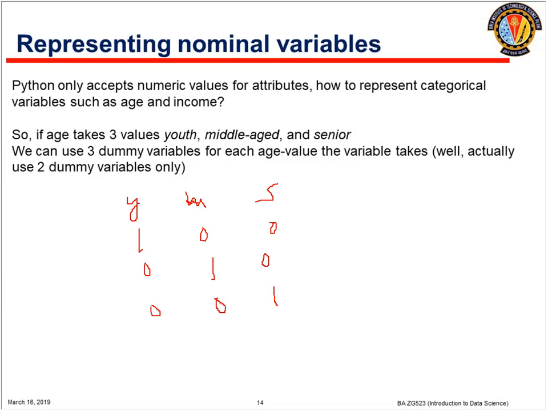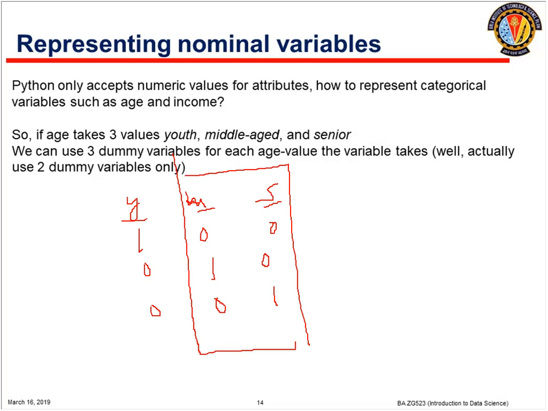Now in this case, there is a collinearity problem because if you know the values of any two of the variables, let's say you know the values of these two variables, middle aged and senior. Okay, so you have created three dummy variables here. One corresponding to youth, one corresponding to middle aged, and one corresponding to senior.